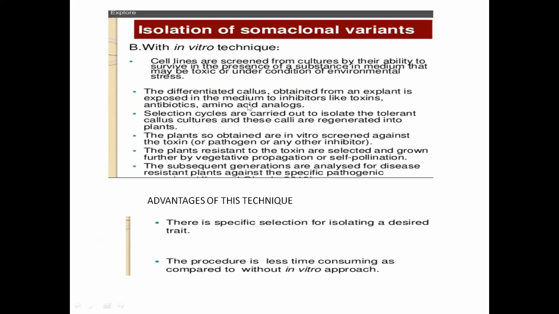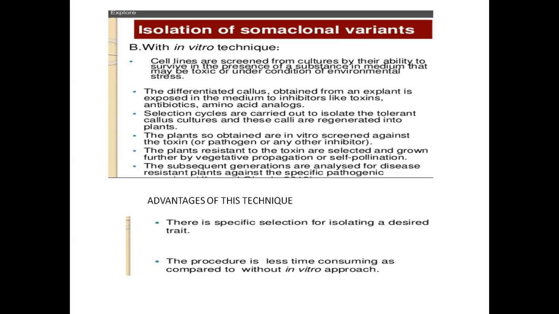So the differentiated callus obtained from an explant is exposed in the medium to the inhibitors. So with in vitro technique you have a process in which you add the particular inhibitory agent into the medium. So the growing callus is exposed to the inhibitory substance right from the start.